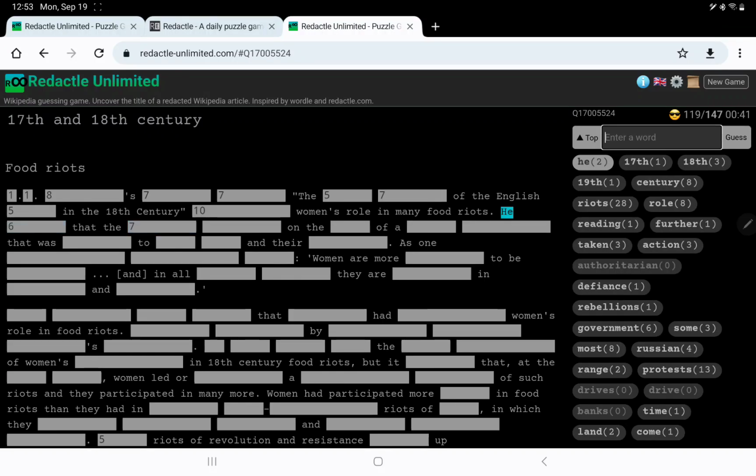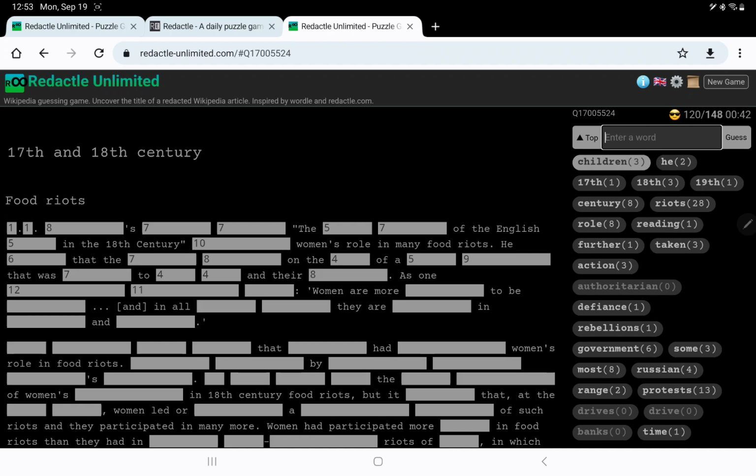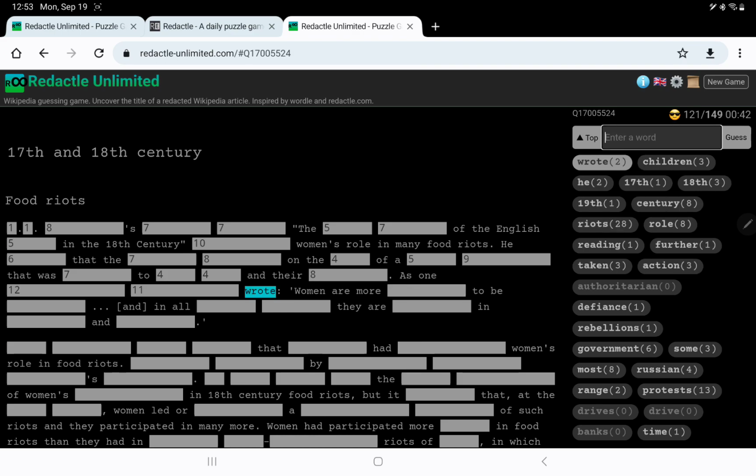He something that the 7, 8 and the 4 of a 5, 9, that was 7 to 4, 4, and their 8. Maybe and their children. No, and their 8 has one something or other wrote.